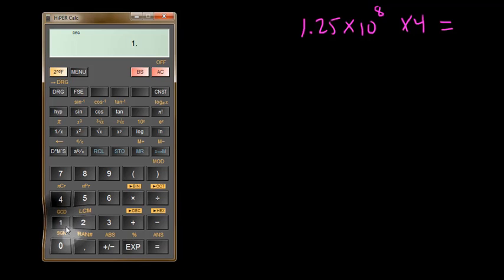So if we want to put in 1.25 times 10 to the power of 8, you can press this EXP button, and note that that pops up times 10 to the 8th. So that's 1.25 times 10 to the 8th. We can take this times 4 and get our answer of 500,000,000. So being able to use the EXP button instead of typing in times 10 to the 8th will save you time.